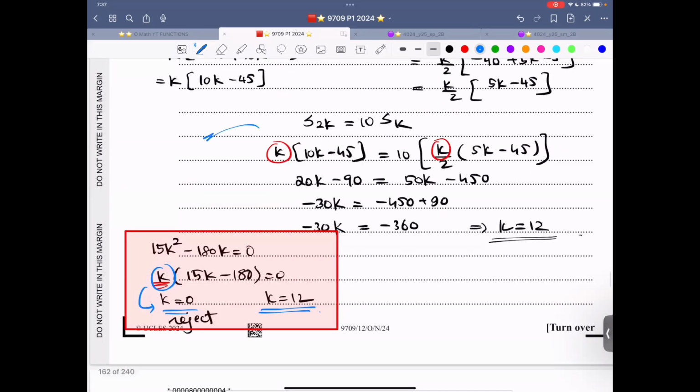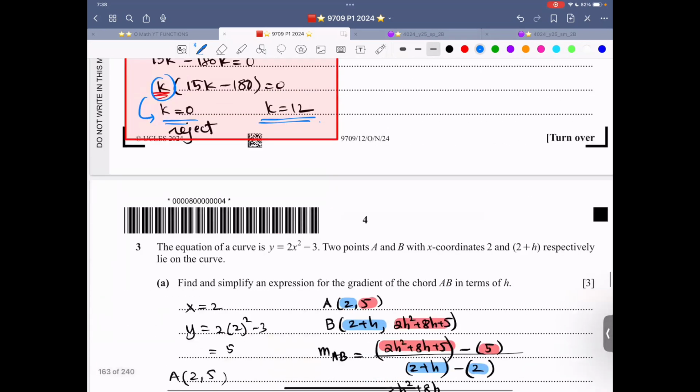So in this one, there was a possibility of common, but I did not take common. Instead, I divided. The reason for division was K is equal to 0. This solution is gone, but it does not make a difference because there cannot be a series with 0 terms. So that is the logic behind it.